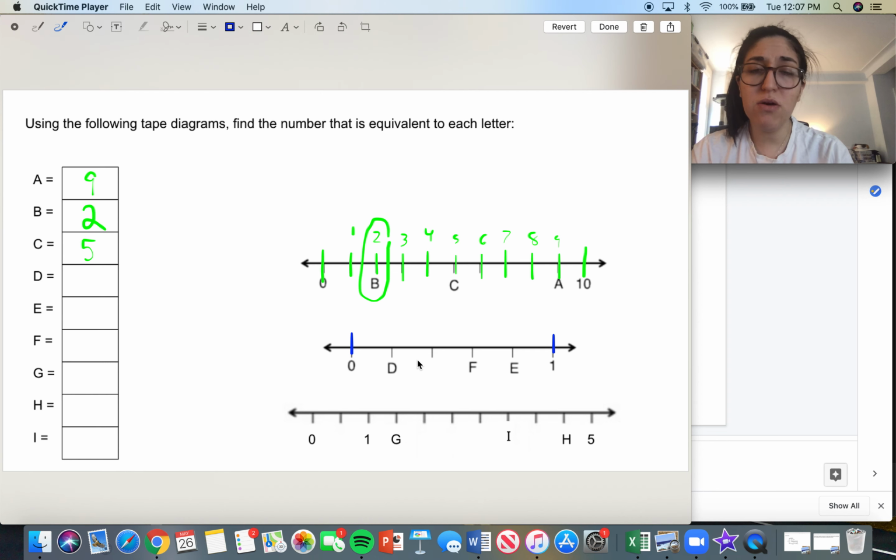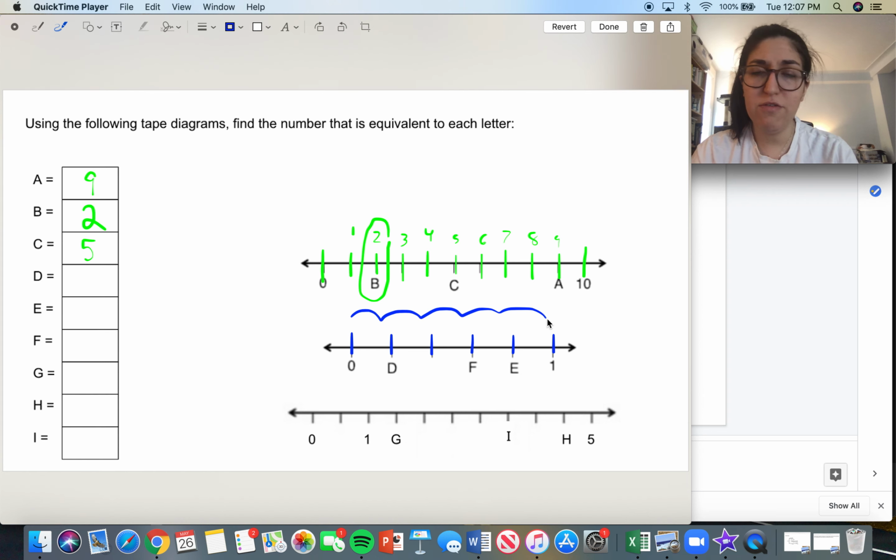So we need to figure out, how many jumps are between this 0 and this 1? So here's 1, 2, 3, 4, and 5. In other words, I went 1, 2, 3, 4, 5.